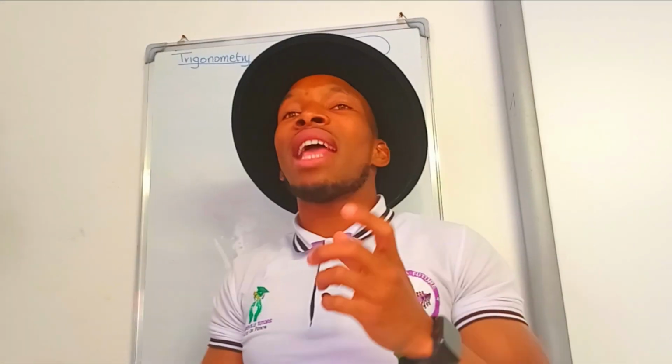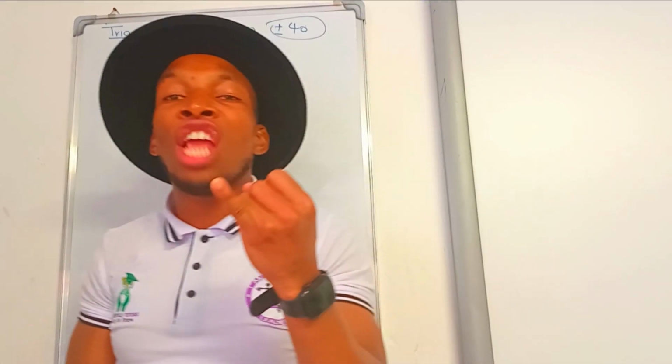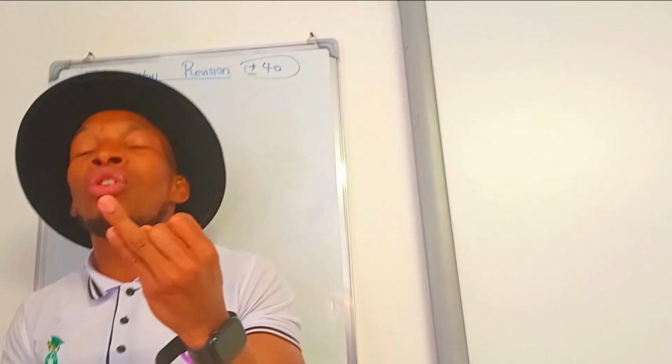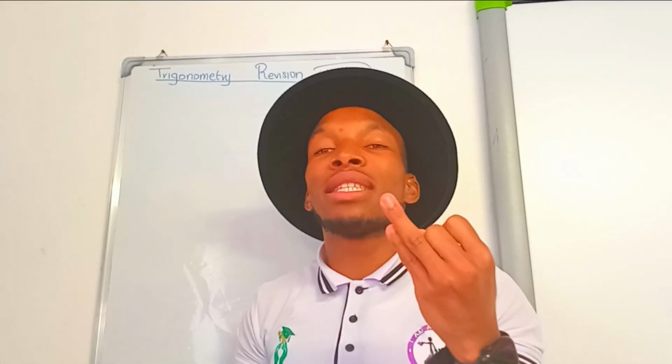When I do the summary of this chapter, we have only 5 parts on trigonometry. Part 1 is where we look at the definition of each trig ratio on the Cartesian plane. Part 2 is where we prove identities and simplify identities, and how to prove an identity is very important.